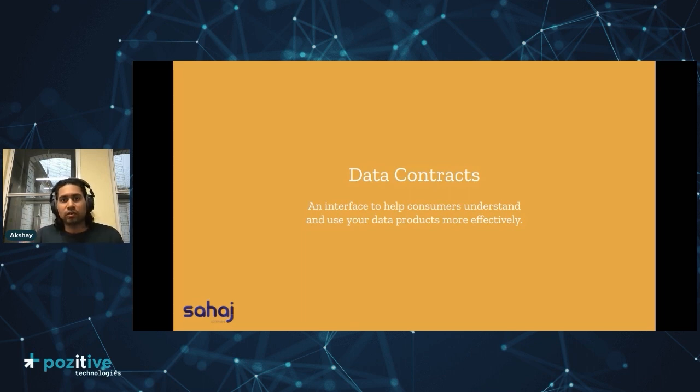Just like in software development, where you have APIs, protocols, or service contracts, data contracts are an interface for your data products. It's a formal agreement that producers and consumers create that will have any sort of metadata, policies, and expectations around your data products.